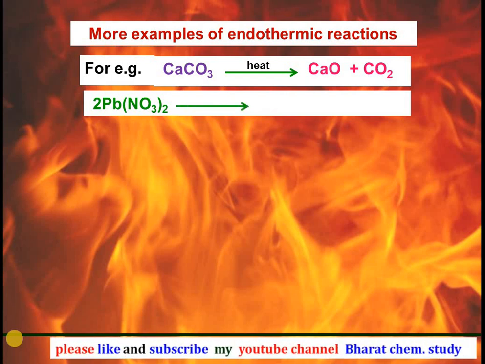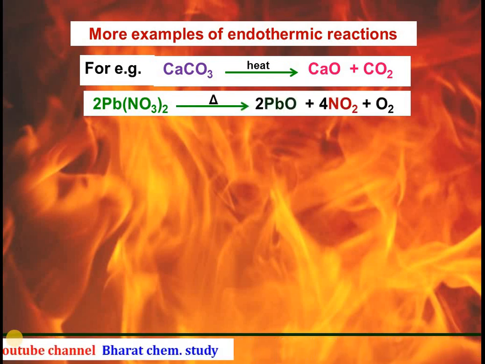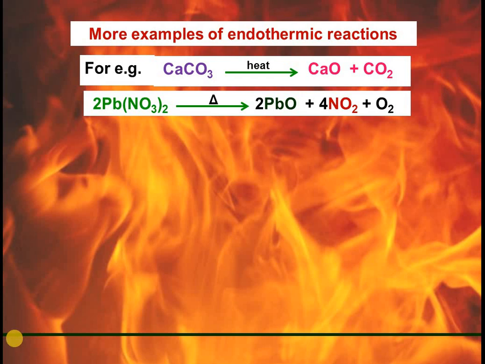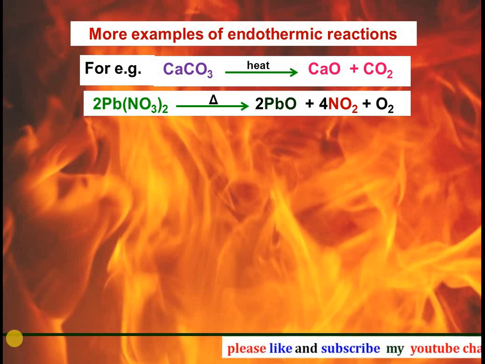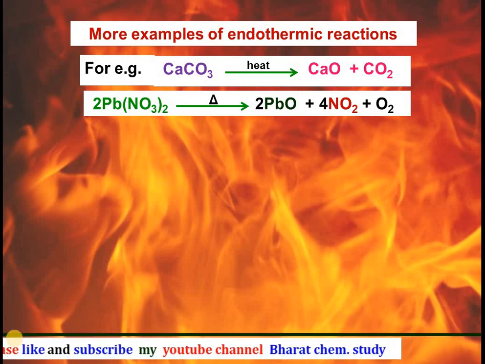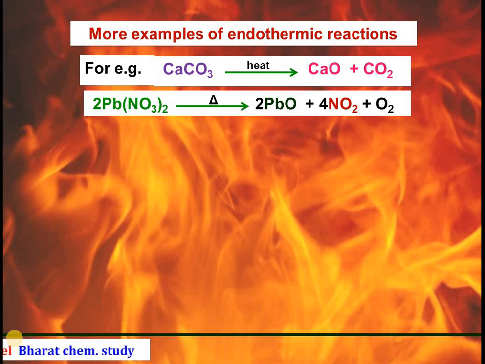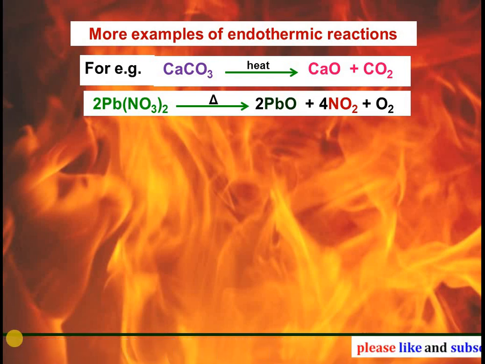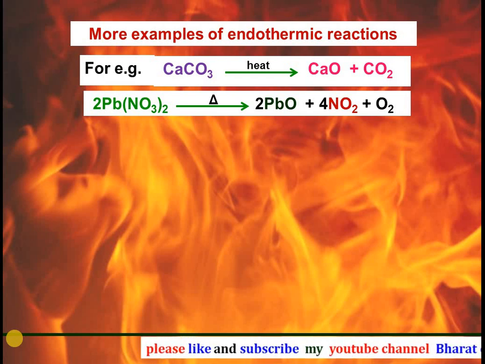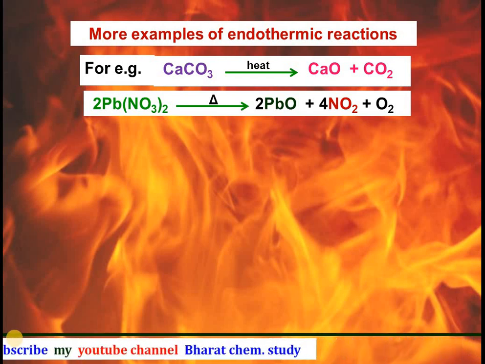Similarly, lead nitrate on heating decomposes to give lead oxide, NO2 gas and O2 gas. Here, instead of writing heat, we are using the symbol delta above the arrow, which again indicates that heat is supplied to the reactant and the reaction is endothermic.